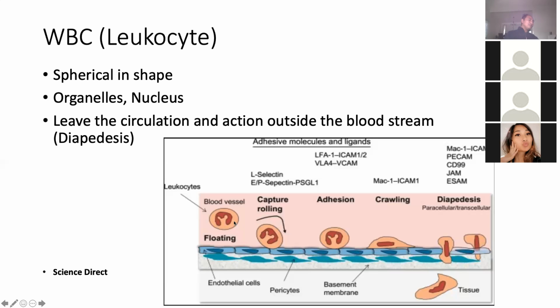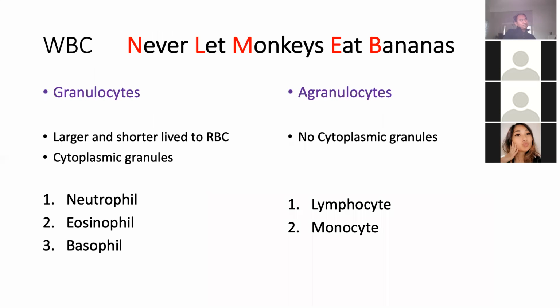The floating WBC has to go and adhere to the endothelial cell, adhesion, and gradually it changes shape, like an amoeboid movement. It will gradually leave the circulation in between the endothelial cells, go to the tissue and attack the infiltrating microorganisms. So that is WBC.